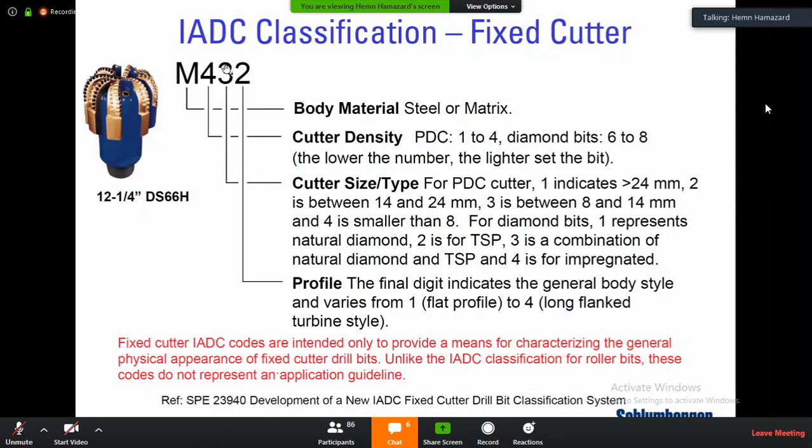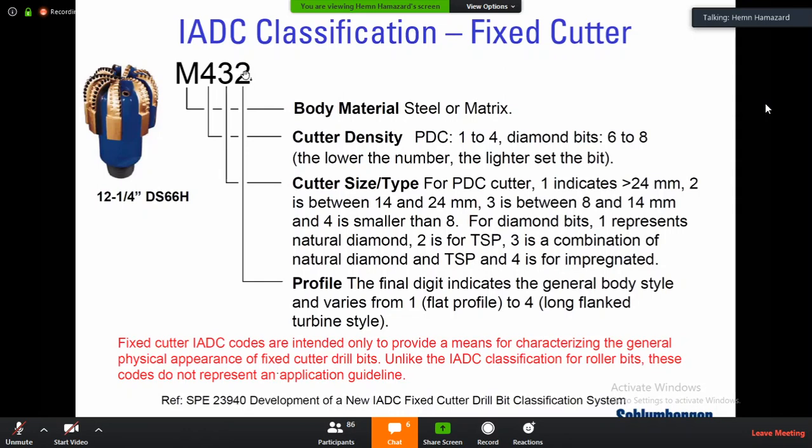In our example, it's 3. 3 is between 8 and 14. So on until 4. If you see in here, for diamond bits, 1 represents a natural diamond, 2 is TSP. So the same sequence for 1, 2, 3, and 4.